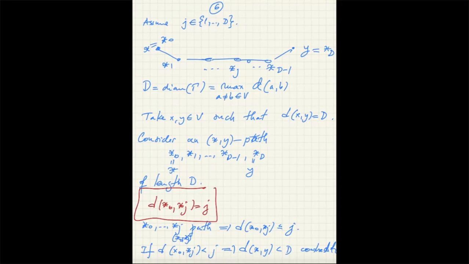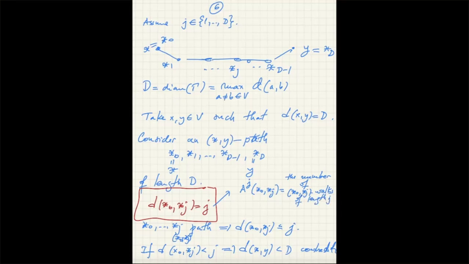So what does that mean? From the previous lecture, we know that if I take the matrix A to the power j and look at the entry X0, Xj, this counts the number of X0, Xj walks of length j.